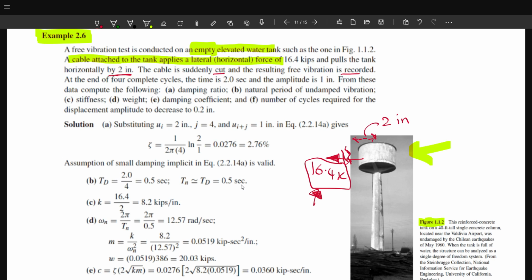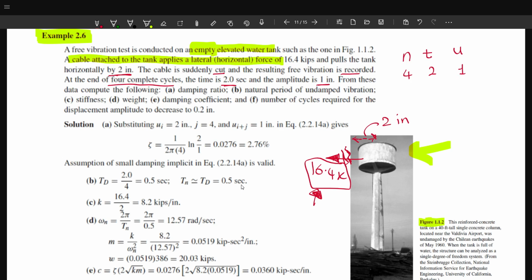At the end of 4 complete cycles, after n equal to 4, the time is 2 seconds and the amplitude, which is u, let's assume the amplitude for our system, was 1 inch. Clear?